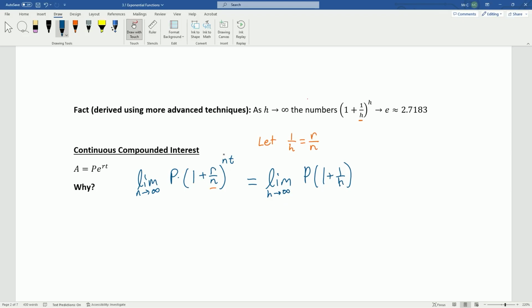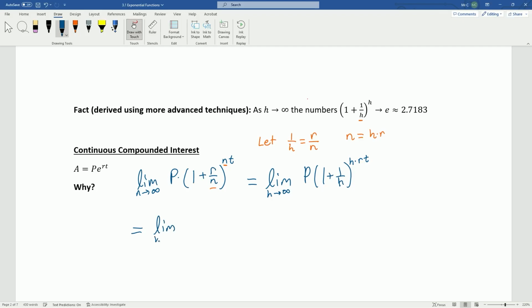But how do I deal with this exponent here? Well, I'll just solve this equation for n and substitute it back in. So I multiply n across, and I multiply h across. I get n equals h times r. And when I substitute that into my exponent, I get h times rt. And now what do we see?